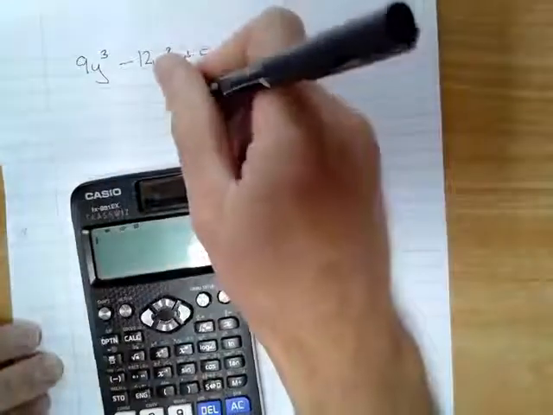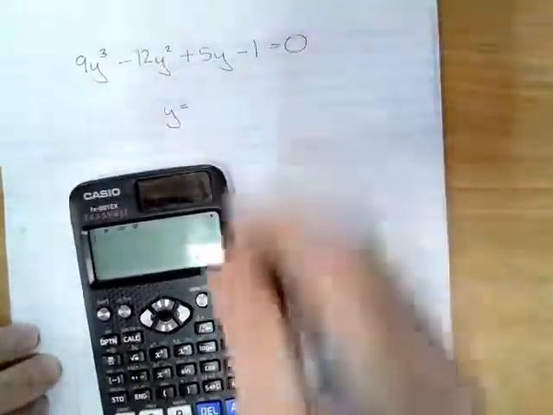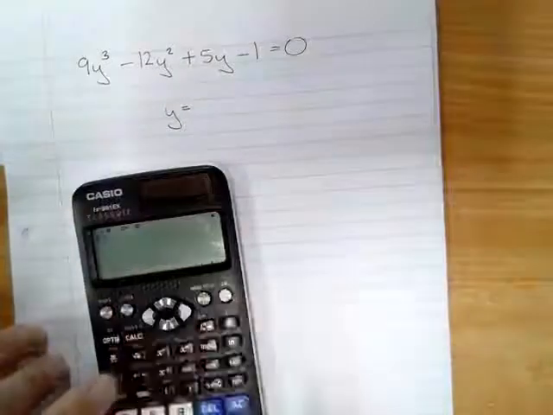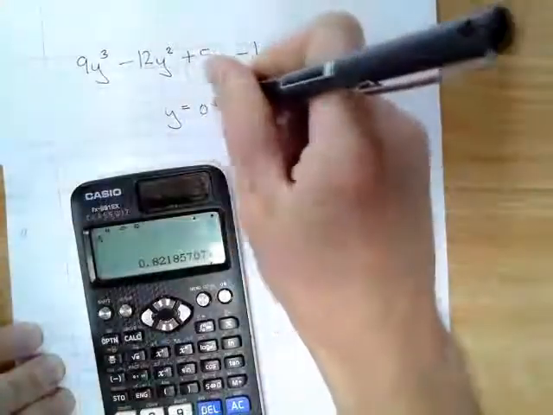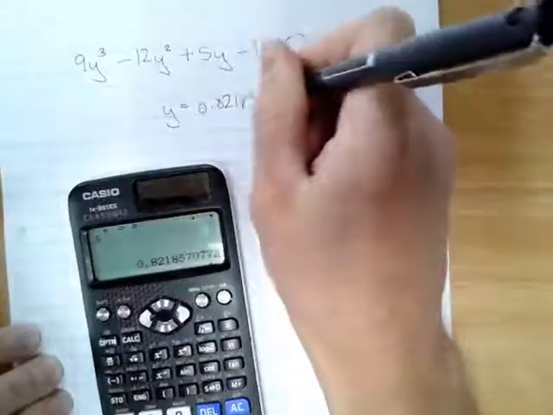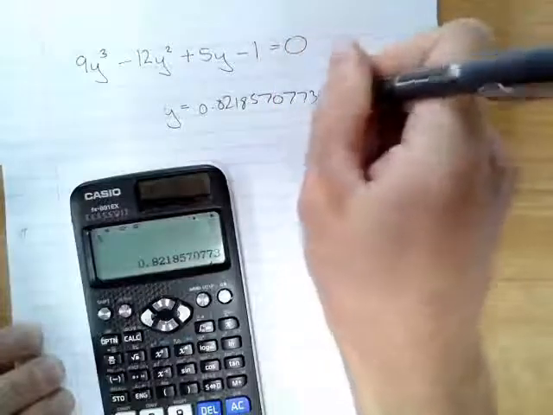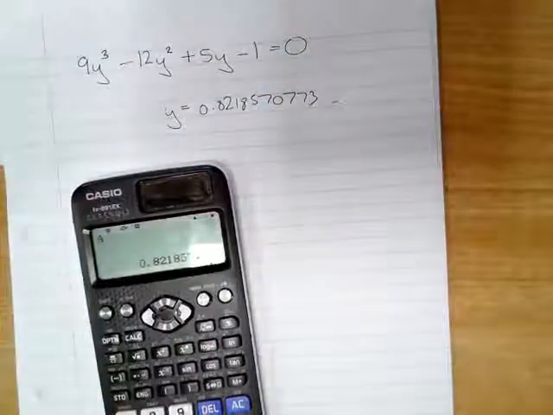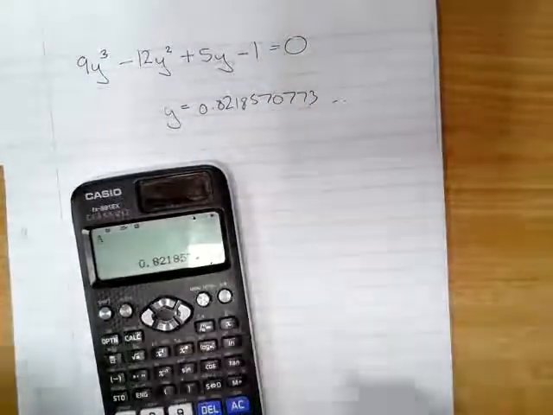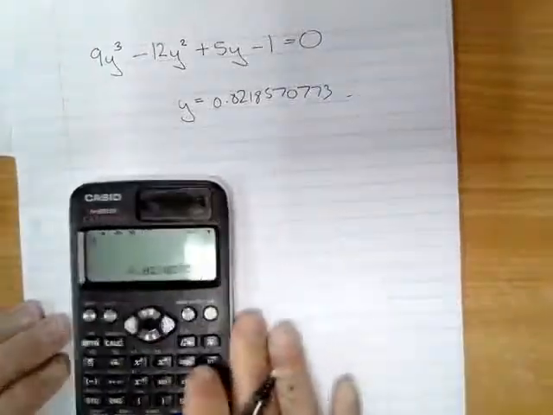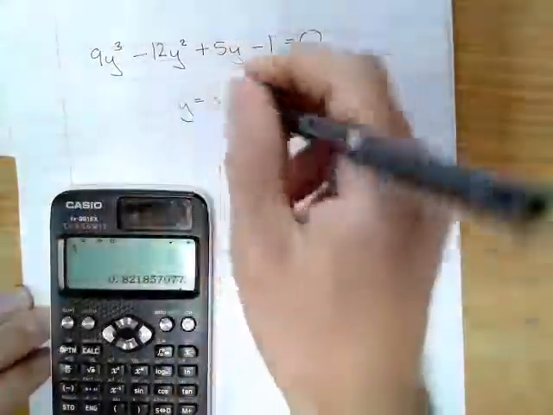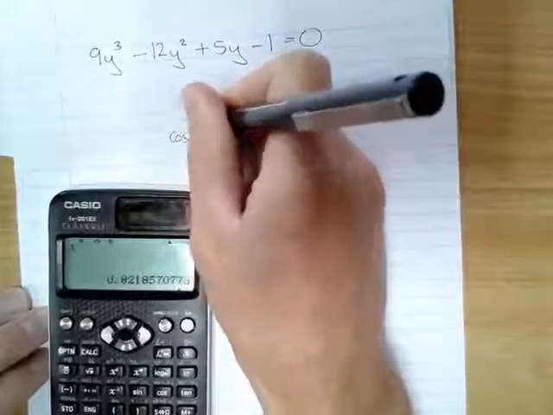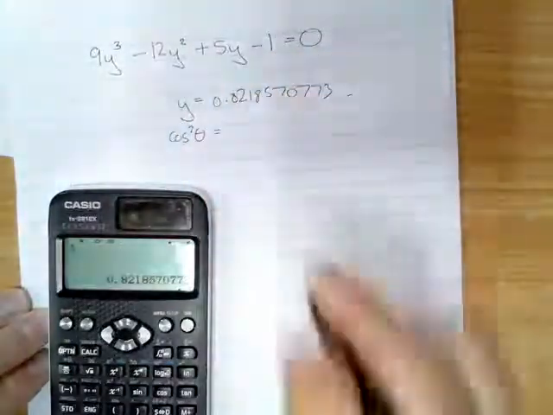So I now know that y is equal to 0.82185707773. There were two other values for y, but they were both complex, so I don't need to worry about that. So y was cos squared theta, so cos squared theta is equal to that.